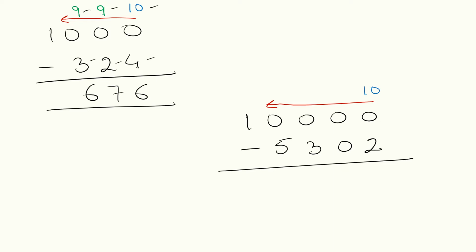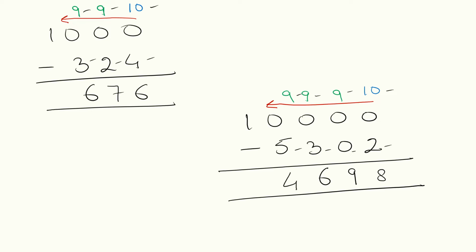We will write our 10 and 9s and we will simply subtract these. 10 minus 2 is 8, 9 minus 0 is 9, 9 minus 3 is 6, 9 minus 5 is 4. And our answer is 4,698. Now that you've understood the concept, let's start with the what if scenarios.